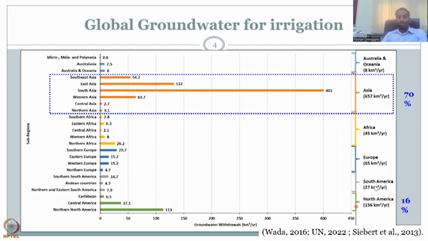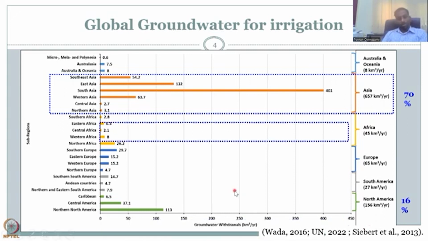And South America is along the lines of Europe, or maybe even lesser, and North America is a little bit higher because they do have some agriculture going on, mostly the almonds and orchards that they have in California. The other part of the world which is poor in terms of water consumption is the African regions.